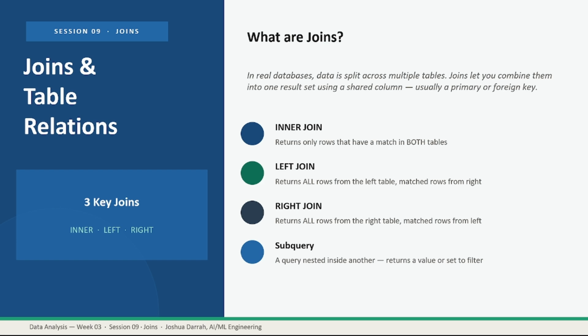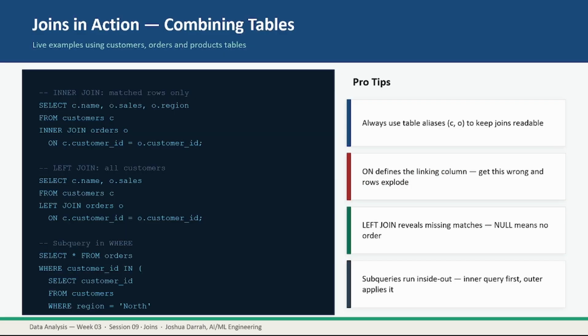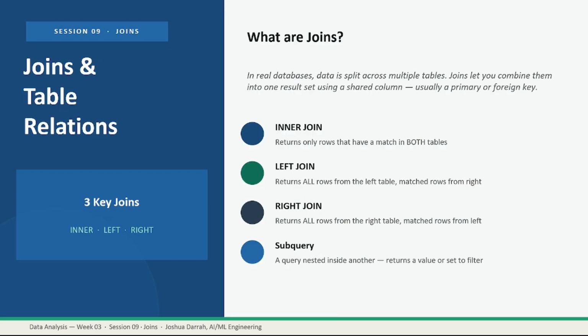Before we go further, I need to explain two key concepts: primary keys and foreign keys. A primary key is a column that uniquely identifies each row in a table. No two rows can have the same primary key, and a primary key can never be empty or null. The classic example is customer ID.